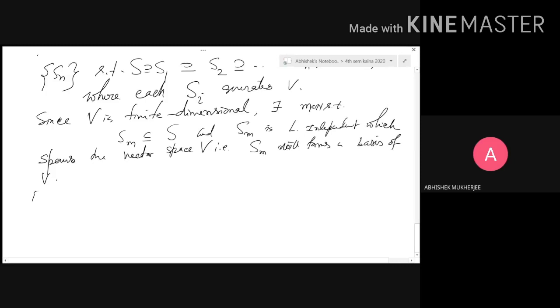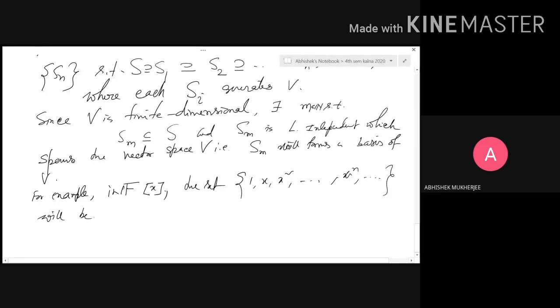Similarly, for example, if you consider F[x], the polynomial ring of polynomials over the field F, then the set 1, x, x square, x to the power n, and so on will be a basis of the vector space F[x].